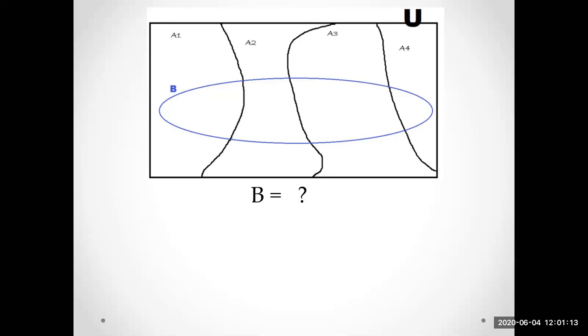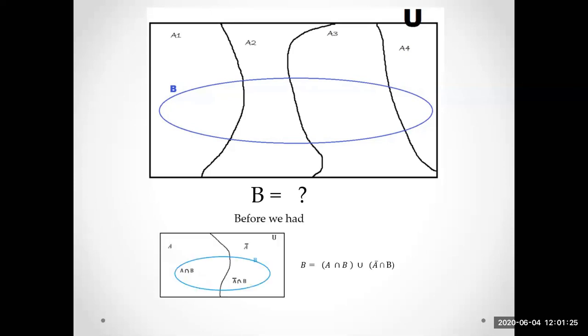It's B intersect A1, B intersect A2, B intersect A3, and B intersect A4, right? Yes. Before we had B equal to A intersect B union A bar intersect B, right? That's what we had before.